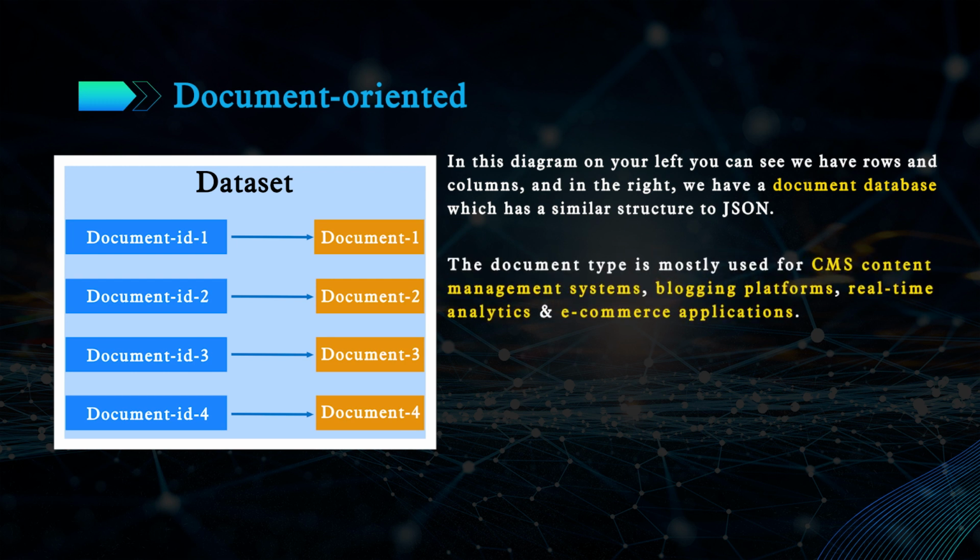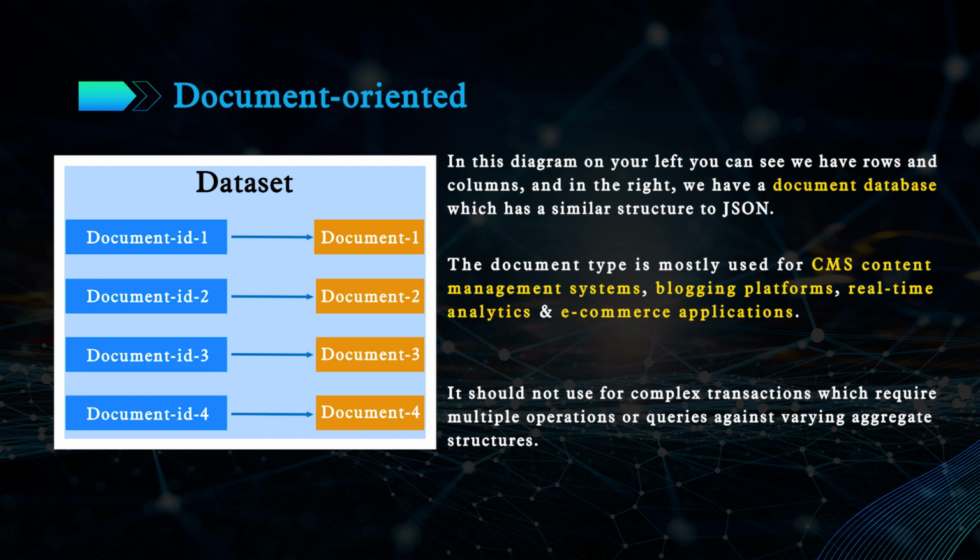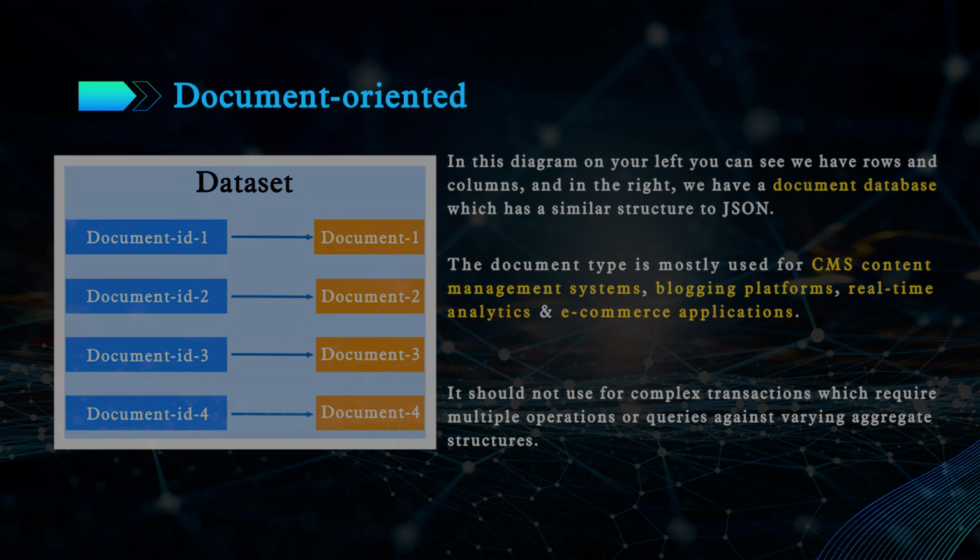The document type is mostly used for content management systems, CMS, blogging platforms, real-time analytics, and e-commerce applications. It should not be used for complex transactions, which require multiple operations or queries against varying aggregate structures.